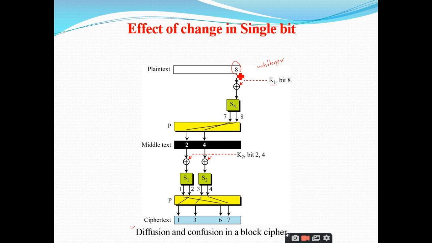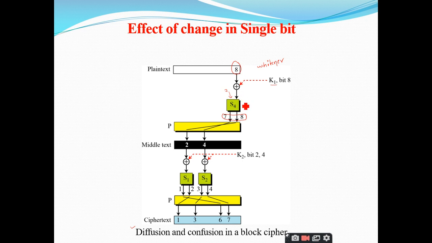So we are looking at a single bit in the plain text only. The 8th bit is taken and XORed with K1, and you can observe here that this 8th bit is given as input to S4, along with the 7th bit as the other input. So after this we have 2 bits that are affected by this S4.